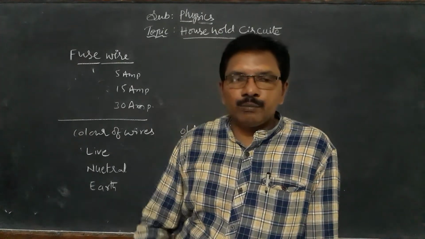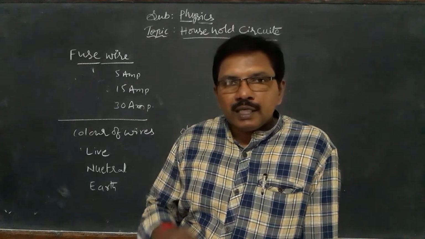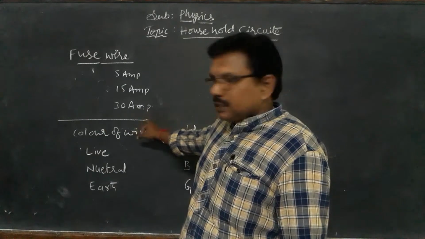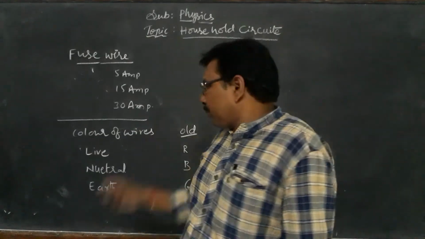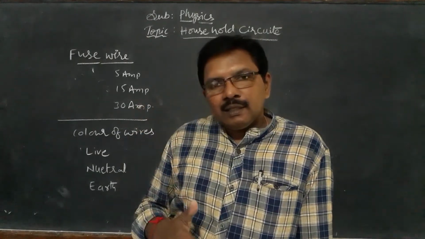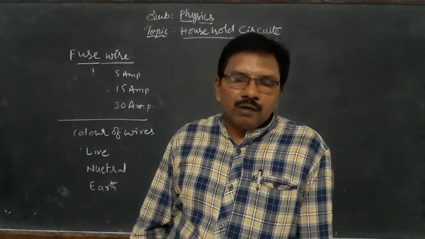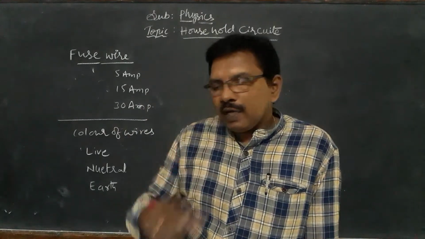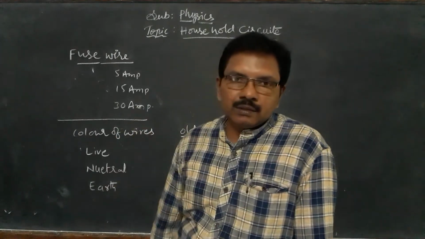Just the thickness is increased to increase the flow of current. And it is 30 amperes near the main, at the entrance of the household circuit. Near the main, the fuse wire is 30 amperes, with some more thickness.